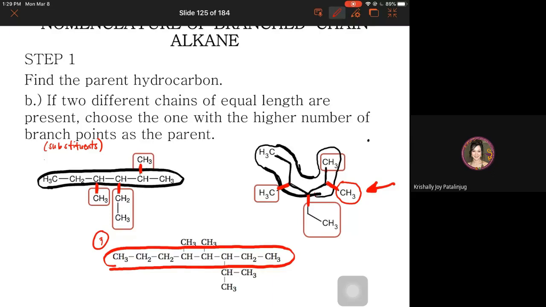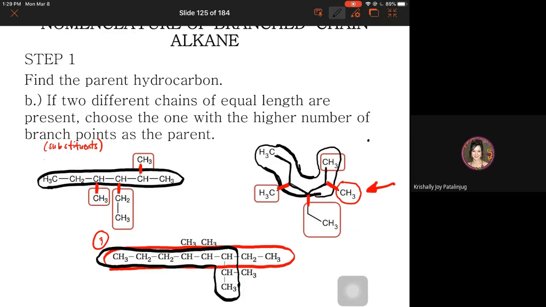Another 8 nga longest carbon chain is mula baba, then papuntang left. That is still continuous, and it is still an 8 carbon chain. Bilangin nyo, 8 pa rin yung carbon.